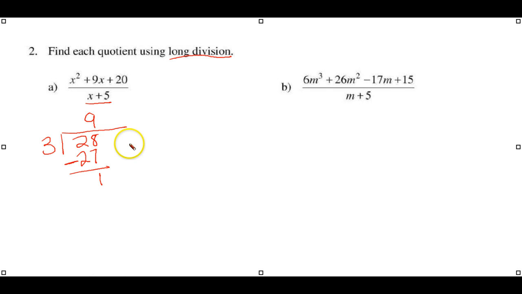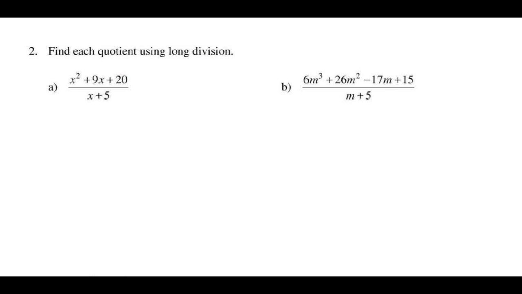So this would be 9 and 1/3 as a mixed number. As an improper fraction, it would have been 28 over 3, which becomes this. All right, a little bit of background.